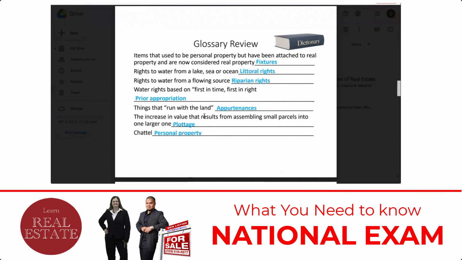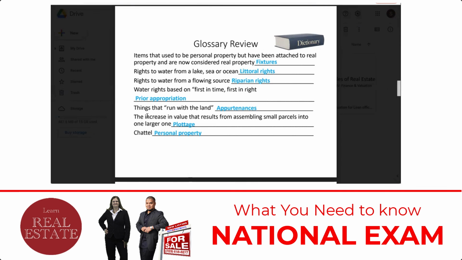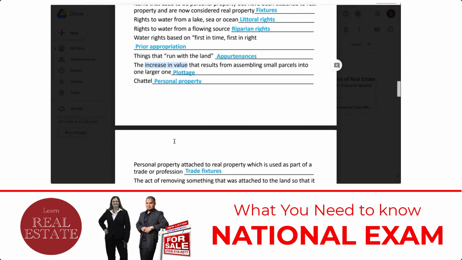The increase in value that results from assembling small parcels into one larger one. Now, look at this, increase in value. That tells you we're talking about money. So you know it's plottage. Okay, chattel, personal property.